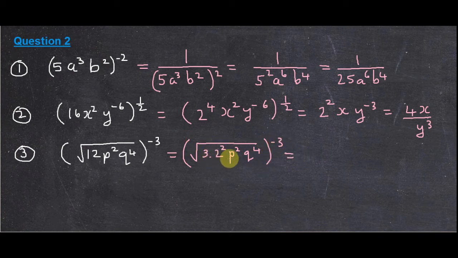Now we can get rid of the surd inside the brackets. So there's a 1 here that we don't write. So it's 3 to the power of a half. Then 2 divided by 2 is 1. So just 2 to the 1. And then also p q squared. So 4 divided by 2 is 2.